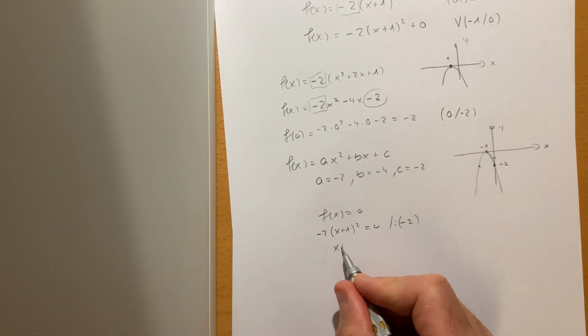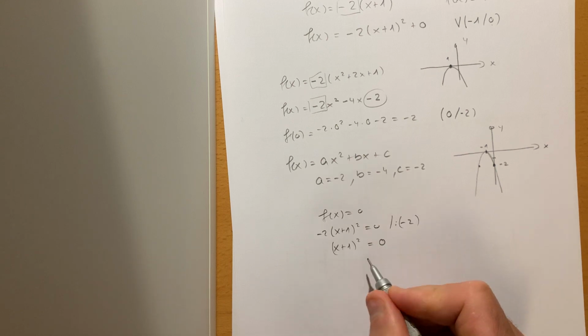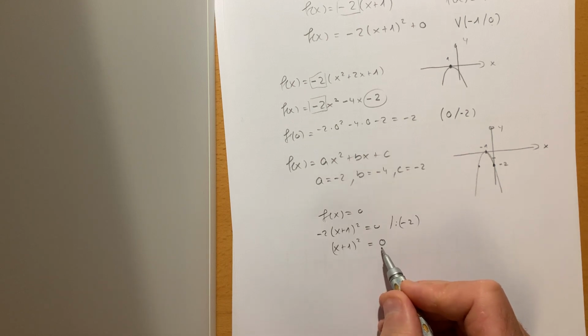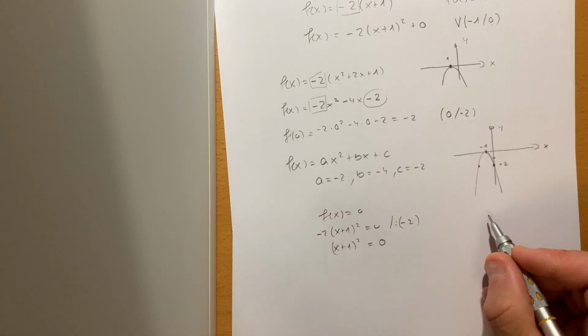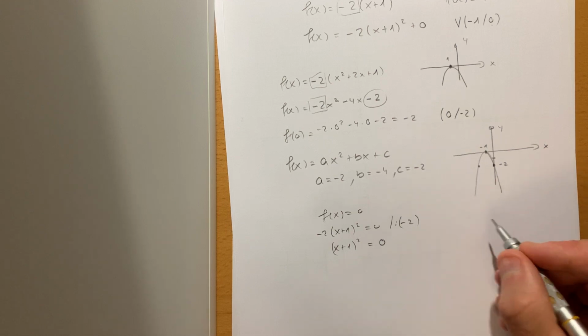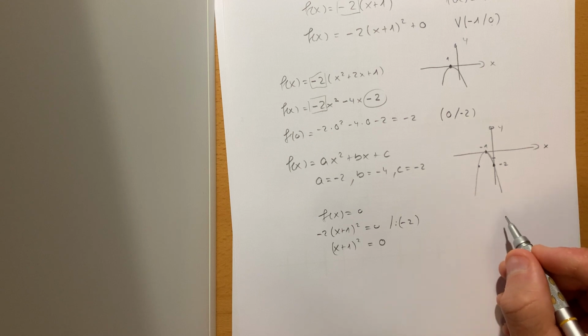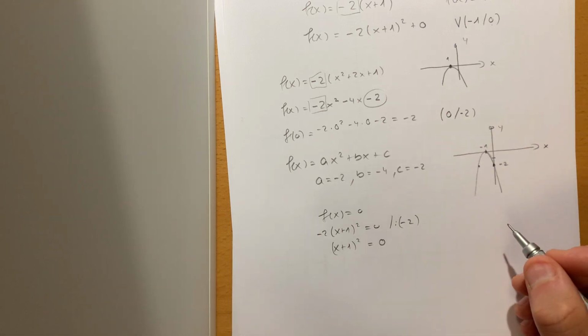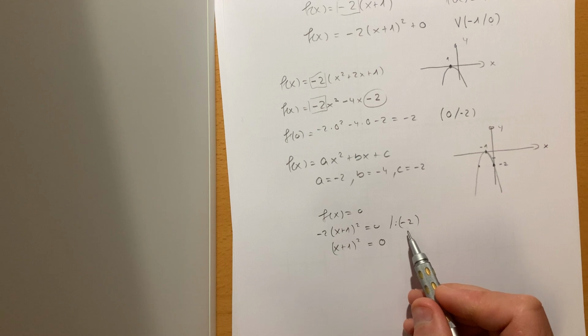That's not a problem. So (x plus 1) squared is equal to 0. 0 divided by minus 2 is still 0. Well, please remember, you can divide 0 by any number. For example, I bring in 0 cakes and I distribute it amongst 10 people. Okay, 0 cakes divided by 10, no one gets a piece. But you can't divide by 0, but that's not something we have done here.